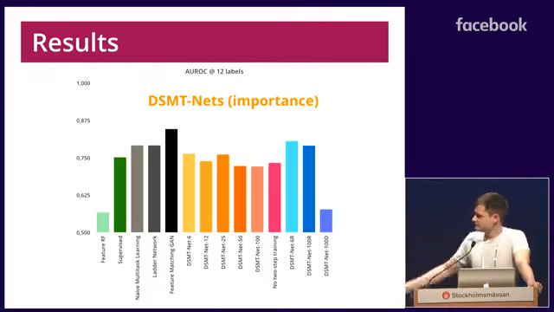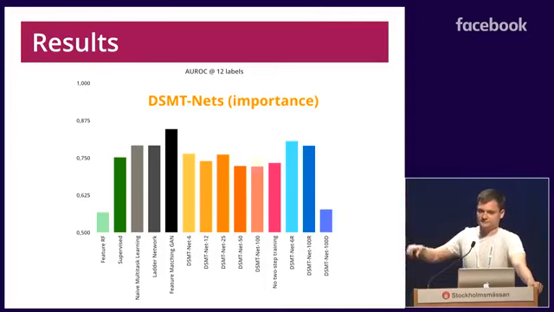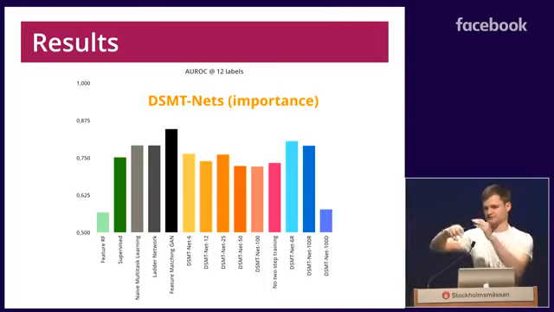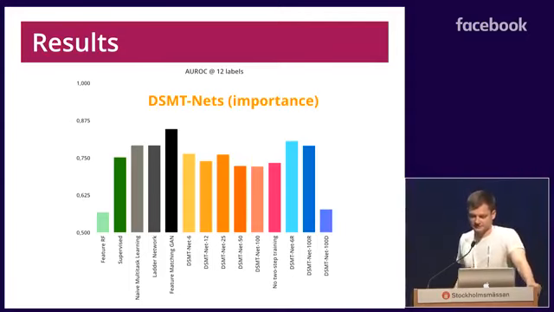And in blue, there are the ones using distantly supervised multitask networks with random selection as opposed to importance selection. And the rightmost one is a bit of a special one. It's using the auxiliary tasks not distributed in width, like in our architecture, but distributed in depth sequentially, to see if width is actually better than depth.